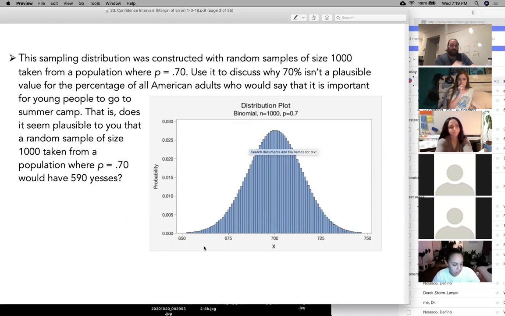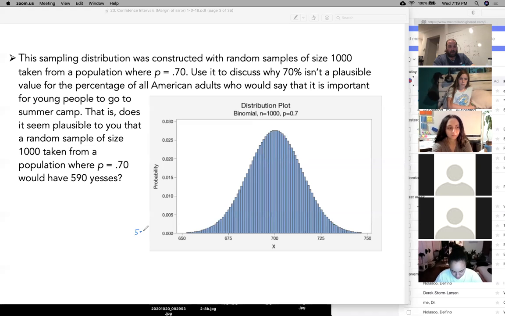Can you explain how it looks on the graph? Well, this is a graph that was made using samples of size 1,000, much like our sample, with the underlying belief that P was really 0.7. We got a result of 590, which is here, way off the graph.